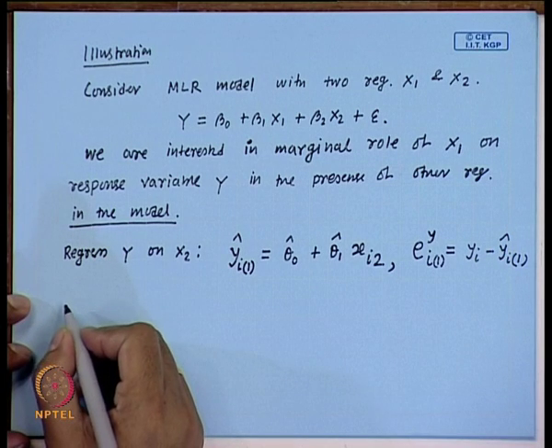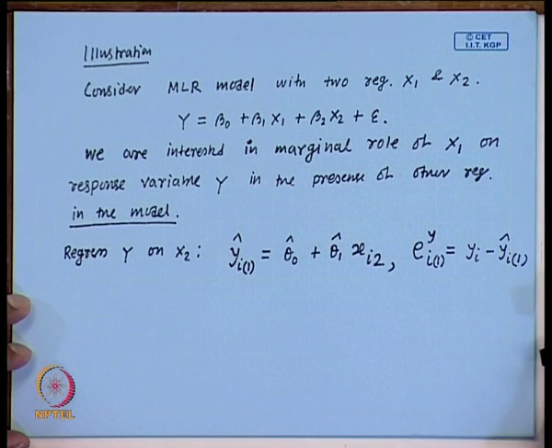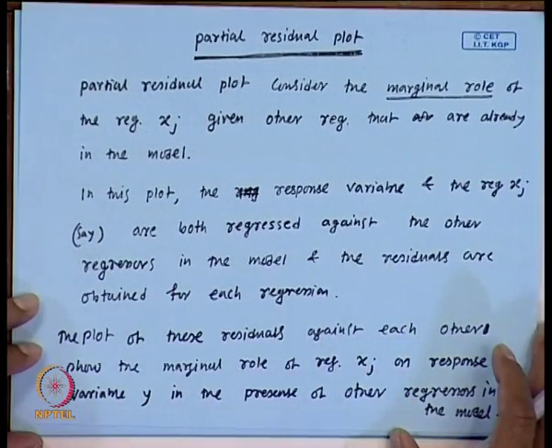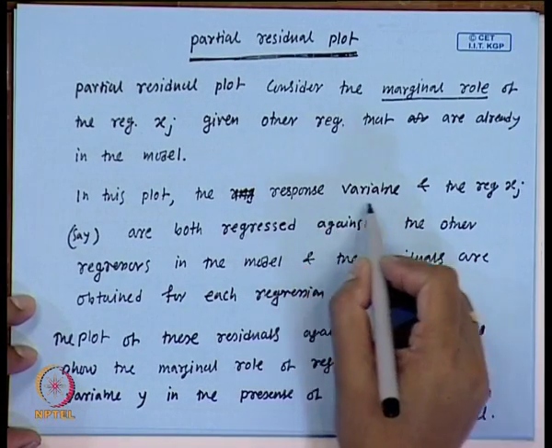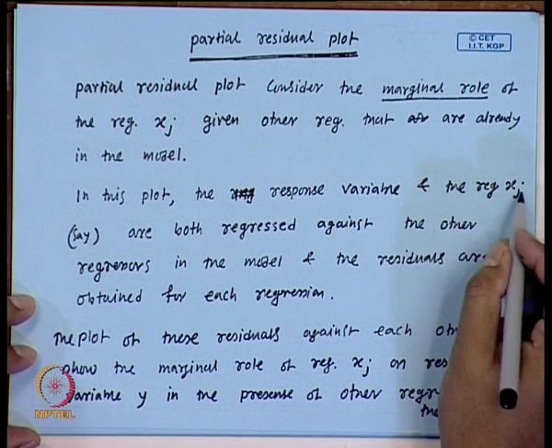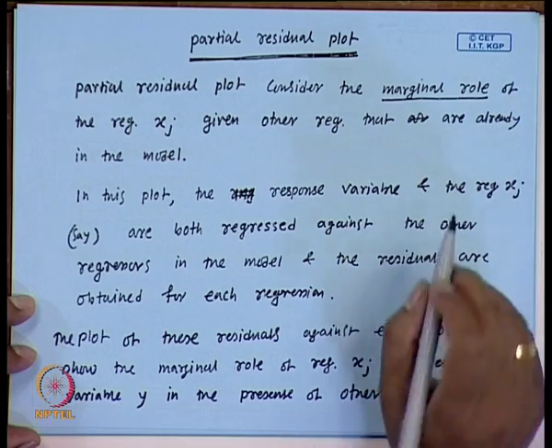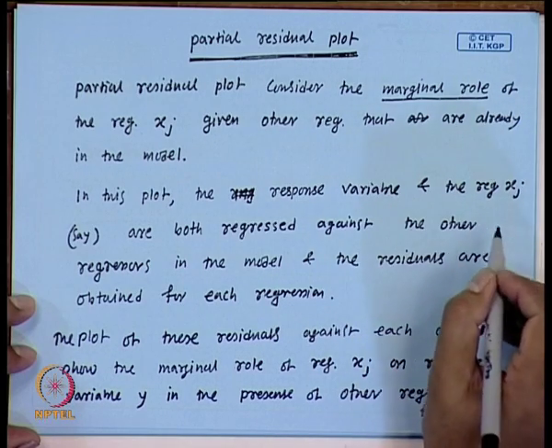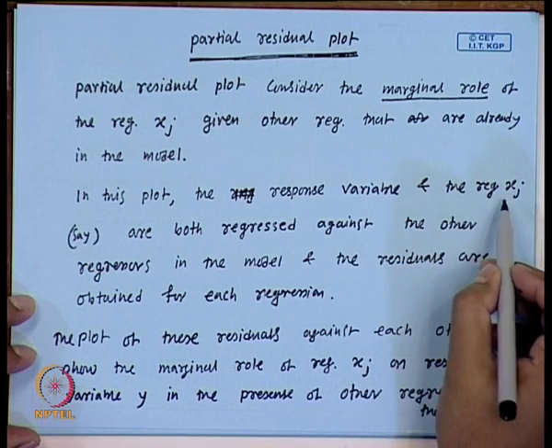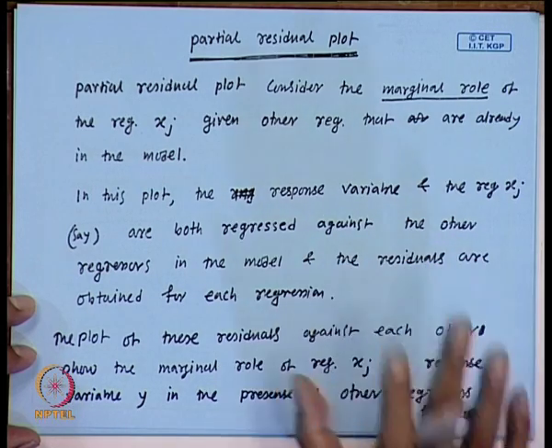And also according to my partial residual plot technique, in this plot the response variable and the regressor xj, suppose I am interested to find the marginal role of xj on the response variable. So, I will regress the response variable and the regressor xj on the remaining regressors.